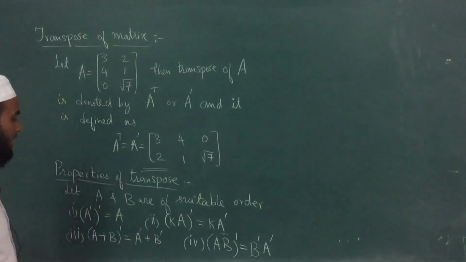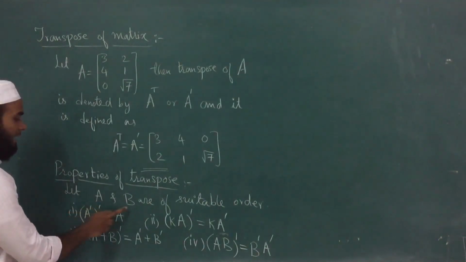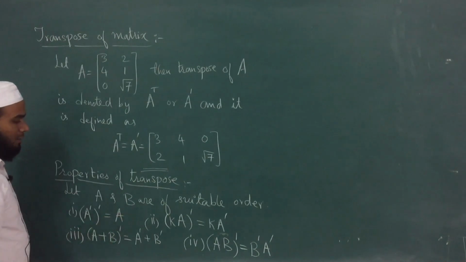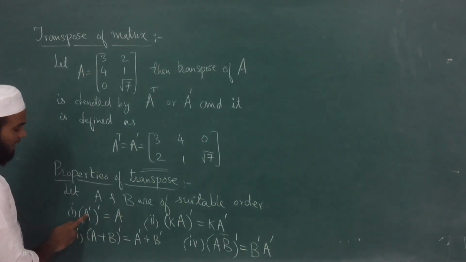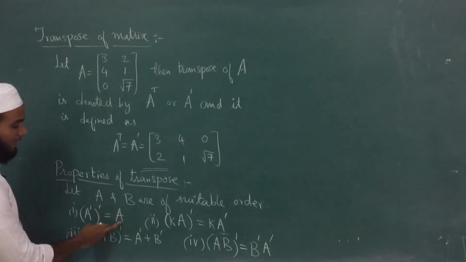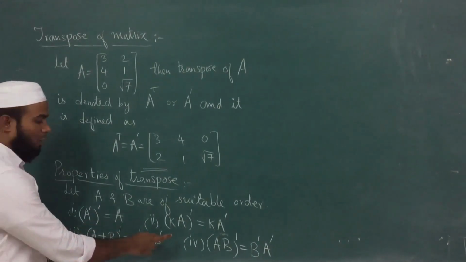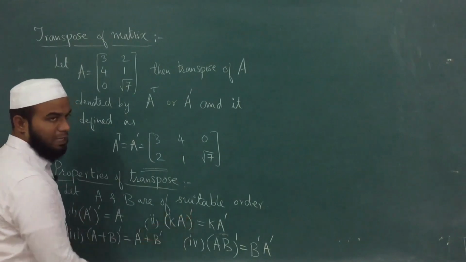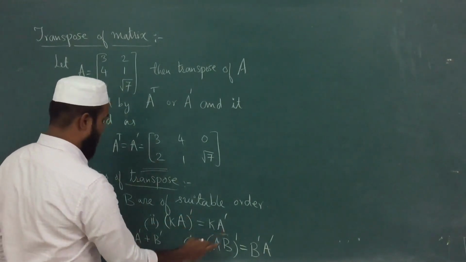These are the four properties. If we consider any two matrices A and B of suitable order, then finding A transpose whole transpose gives again the matrix A. The second property is that multiplying A with a constant K and finding the whole transpose is nothing but K into A transpose.